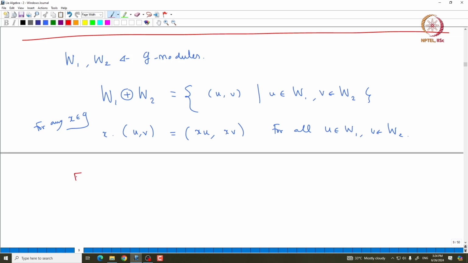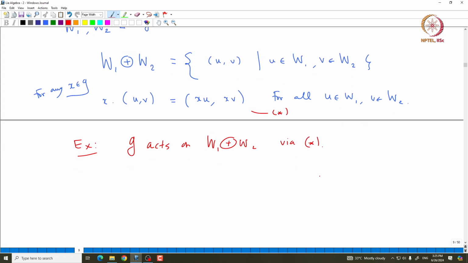So, it is a simple exercise to see that G acts on W1 direct sum W2 via this star. That makes W1 direct sum W2 a G module, and this is indeed called the direct sum of W1 and W2.